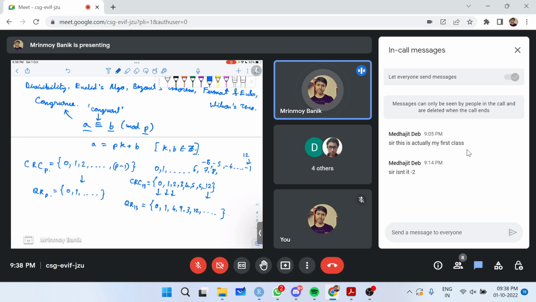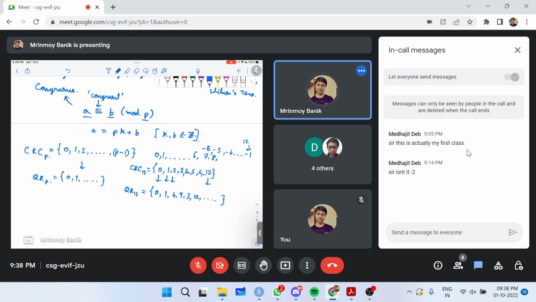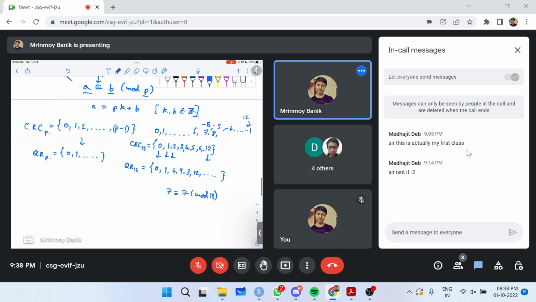Like 12 is minus 1 here. Like 7 is congruent to 7 mod 13, right? You can add any multiple of 13 on any side, and the congruence will be preserved. You can just add minus 13 on the right side. It's also a multiple of 13, right? So you get 7 congruent to minus 6.